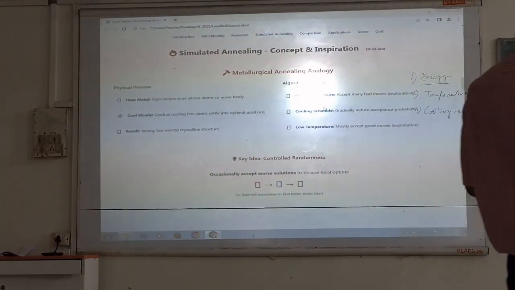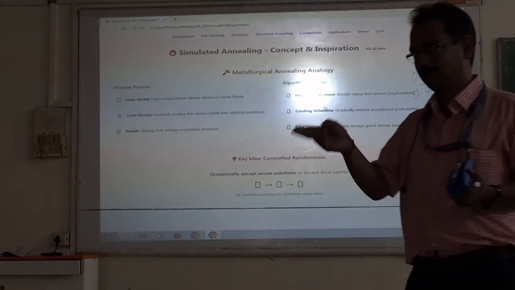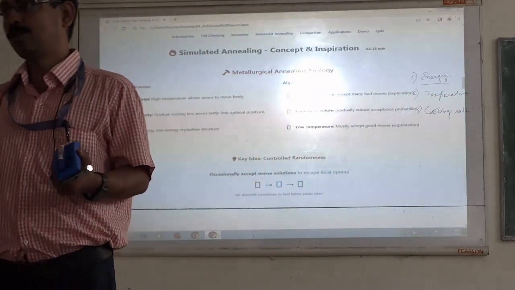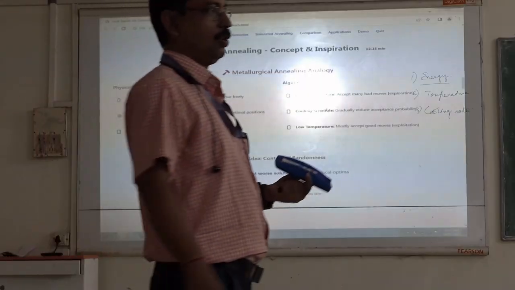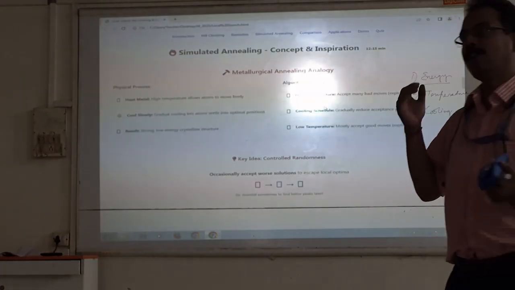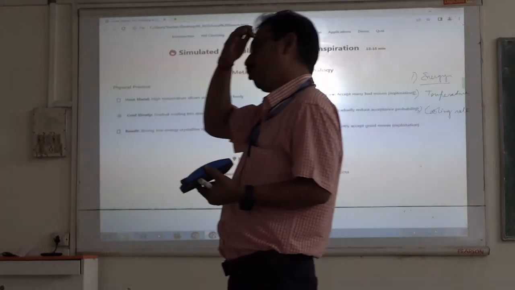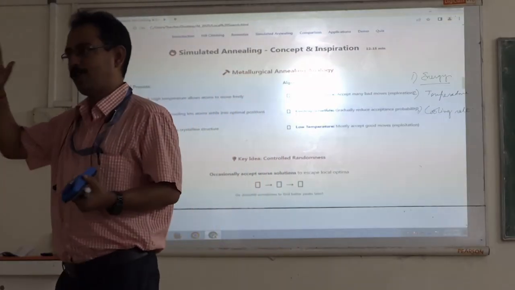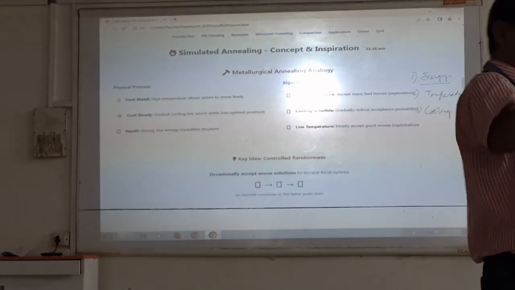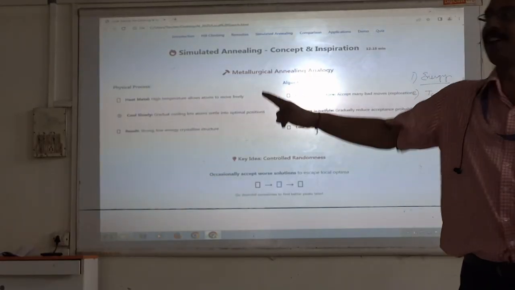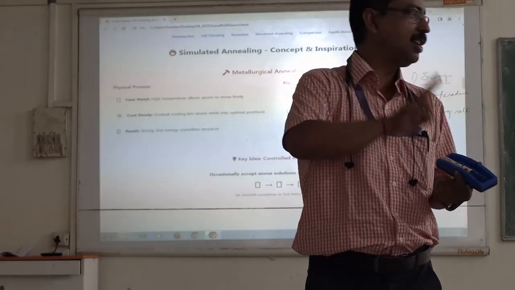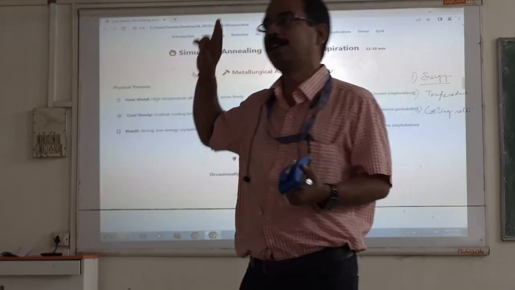So again here I have 2 options: either to select a better move or to select a worse move. In hill climbing earlier, whenever I got a better move, I selected it. There was no confusion with that. But whenever I got a worse move, I did not select it. I didn't select any worse move earlier.